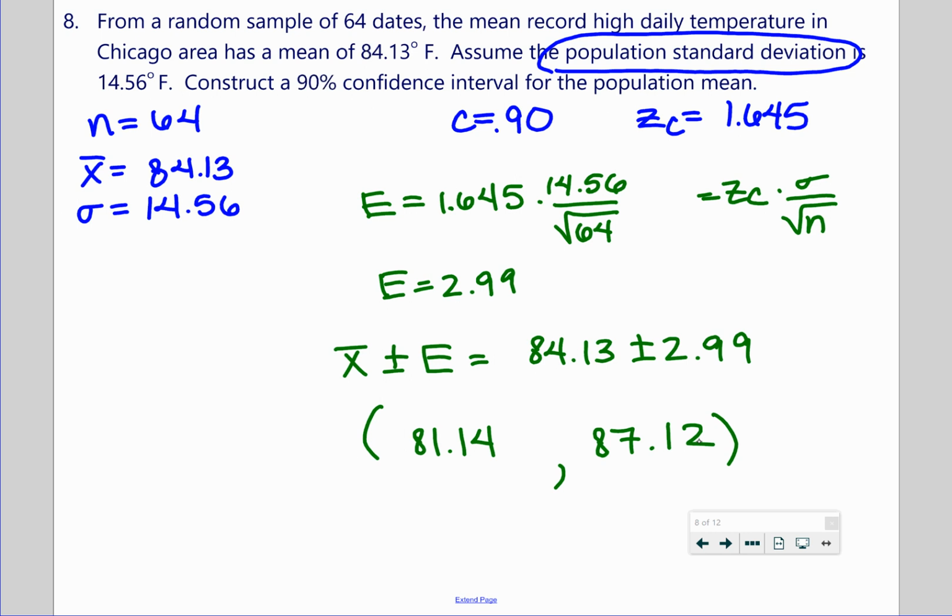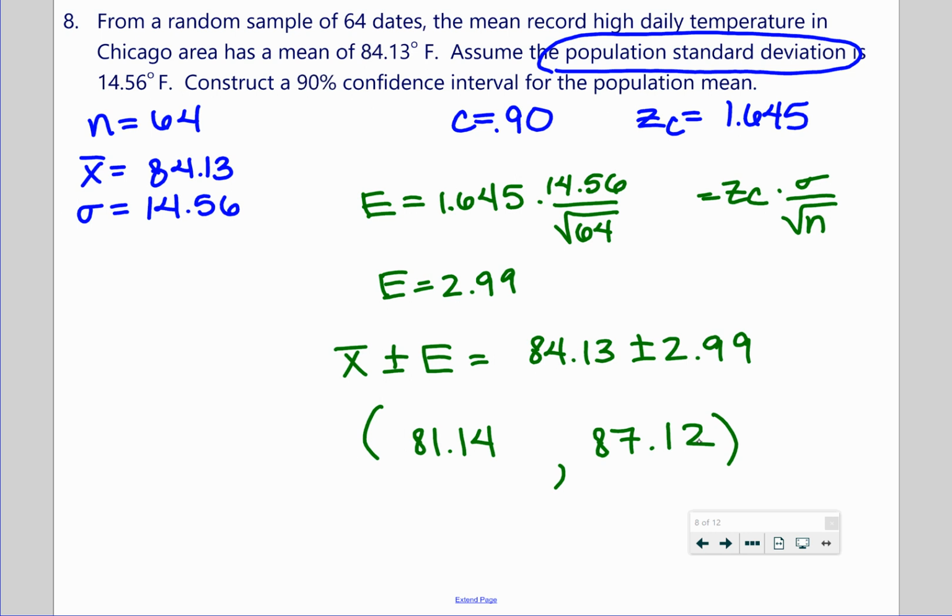Oh, it's 5. Okay, so if you're 90% confident, there's 90% between your z-scores, which means there's 5% below and 5% above. So find 5% is how we did that. 0.05. And one of them is 0.0495 and the other is 0.0505.